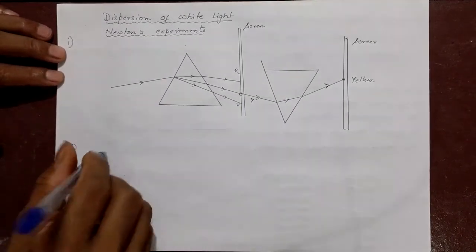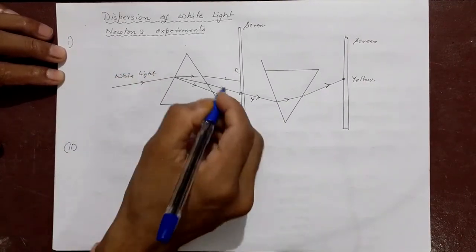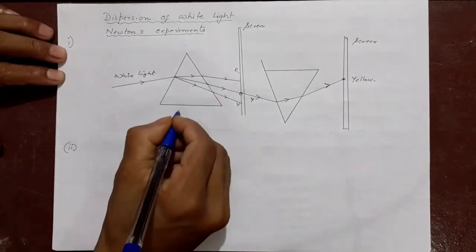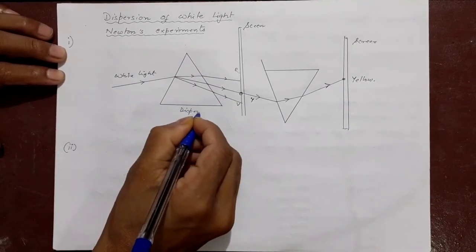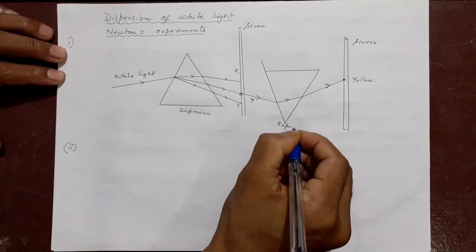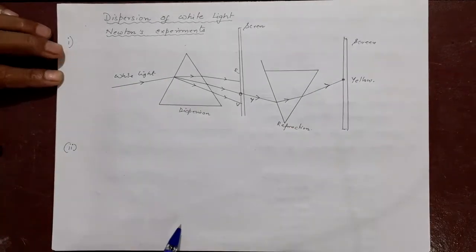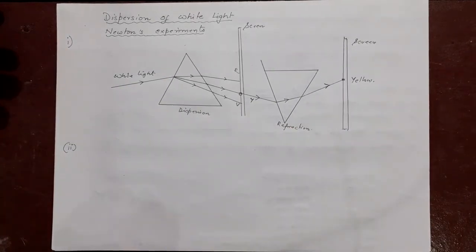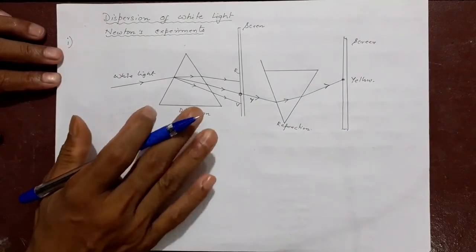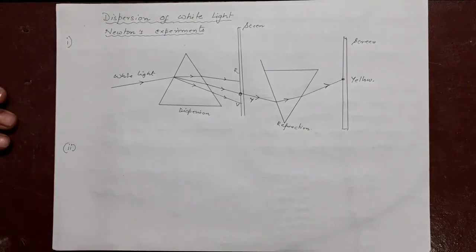Here white light was given, you got 7 colors. Okay, here dispersion happening, and here it was refraction, and then you get again the same yellow color. So that proves that light itself has this property, 7 different colors inside. Okay, this is one experiment of Newton.